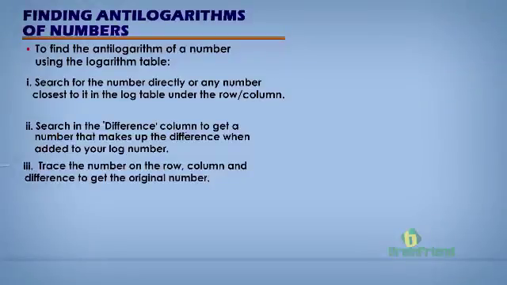To do this, we follow three simple steps. First, we search for the number directly or any number closest to it in our logarithm table under the rows and columns. Next, we do a search in our difference column to get a number, as the case may be, that makes up the difference when it is added to our log number.